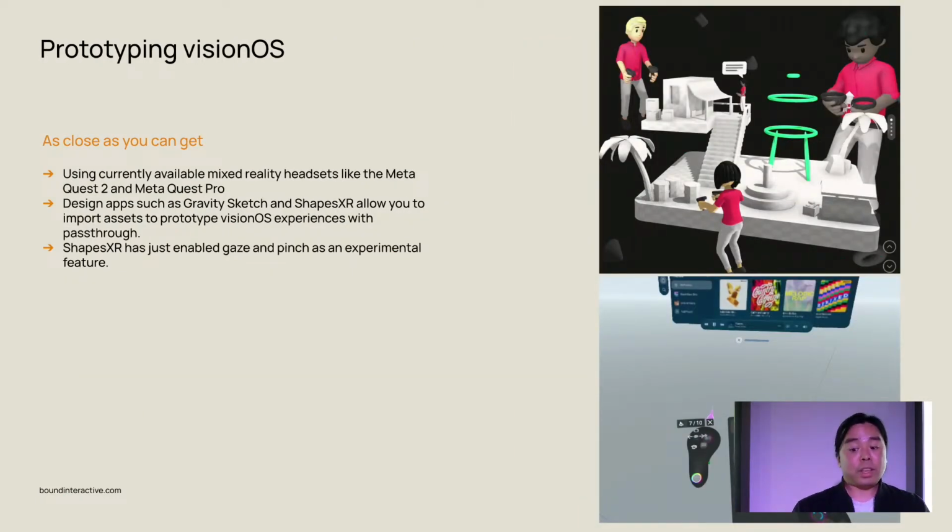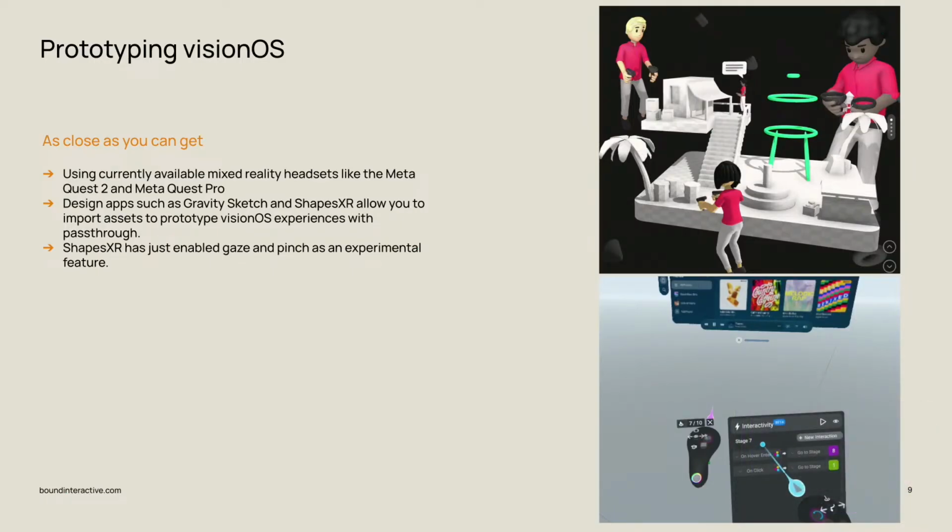And one other thing: what can we do now? We don't have the Vision Pro device. It's not going to come out till early 2024 in the US, maybe even early 2025 for us in Australia. So how do we get a feel of how it works? You can use existing devices. We have mixed reality headsets like the Quest 2 and the Quest Pro, and there are actually prototyping apps available on those platforms.